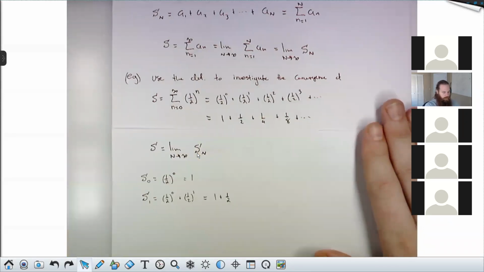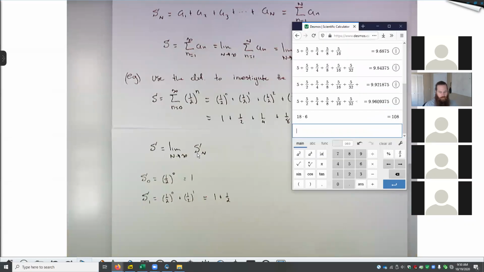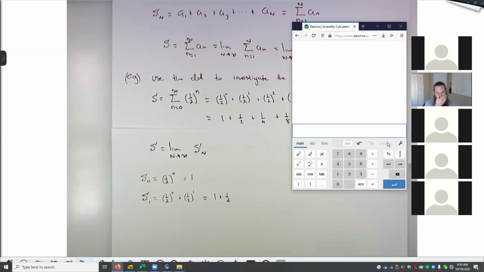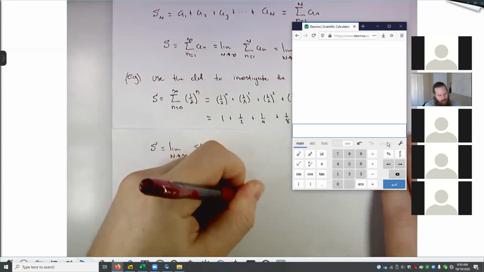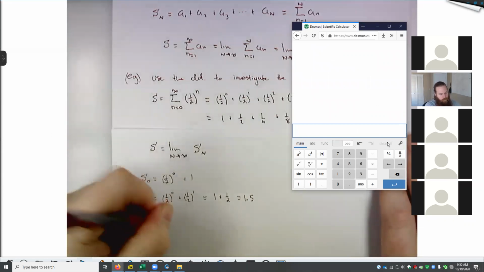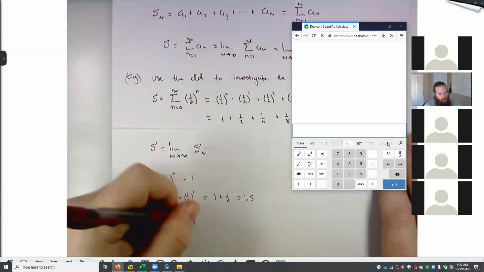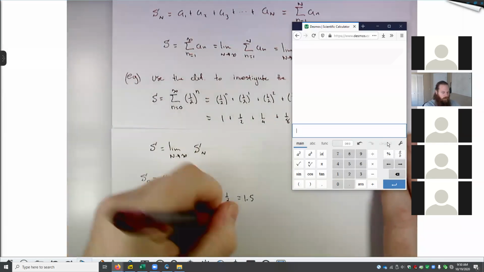I'm going to pull up a calculator here so we can play some games with decimals. So 1 plus 1/2, that's 1.5. The next partial sum, S2, that's 1/2 to the 0 plus 1/2 to the 1 plus 1/2 to the 2.